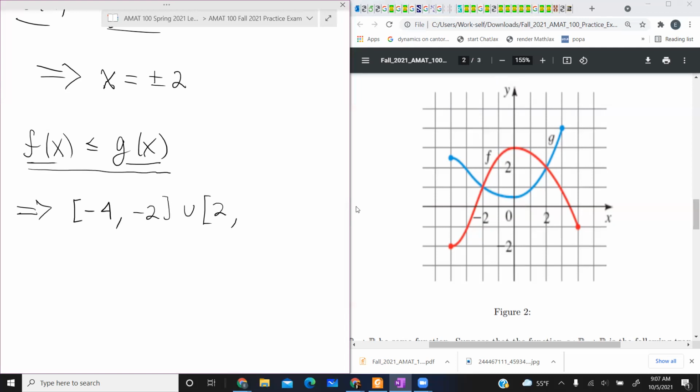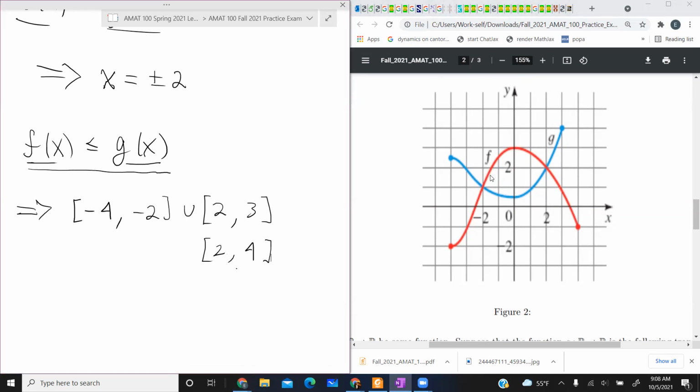This is kind of ambiguous because the graph of g stops short of f. If you put down 2 to 3, that's fine, or if you put down 2 to 4, I would accept either one. Like if you just assume maybe it goes a little bit past to here. The point is that the solution set to this inequality is a union of these two intervals. I would accept either one.